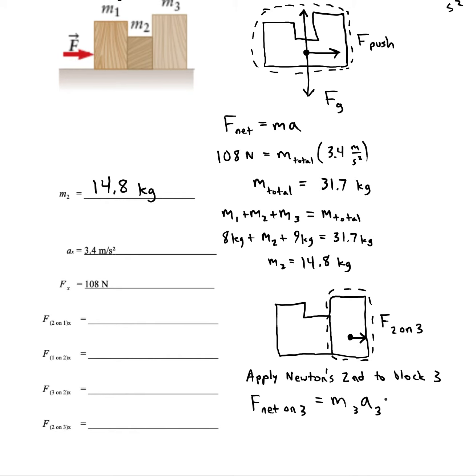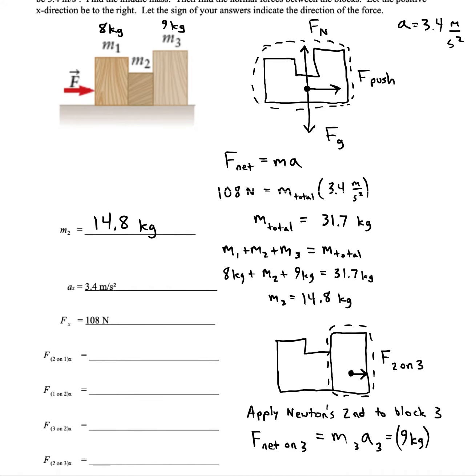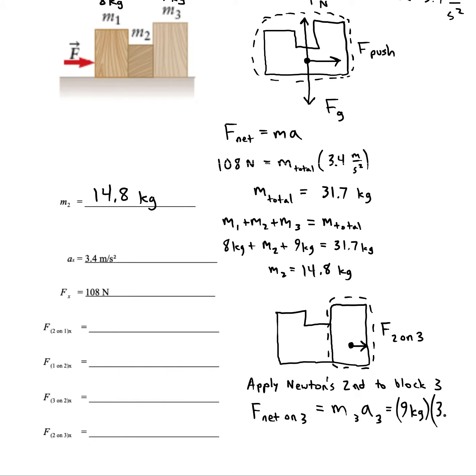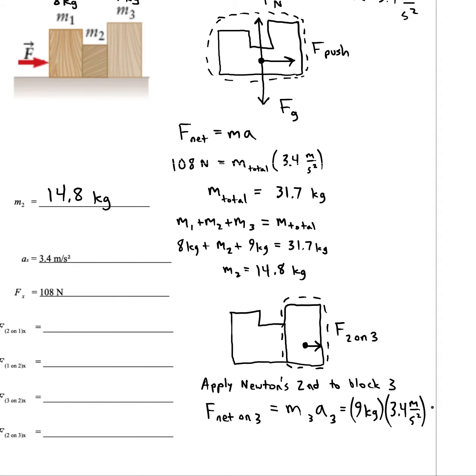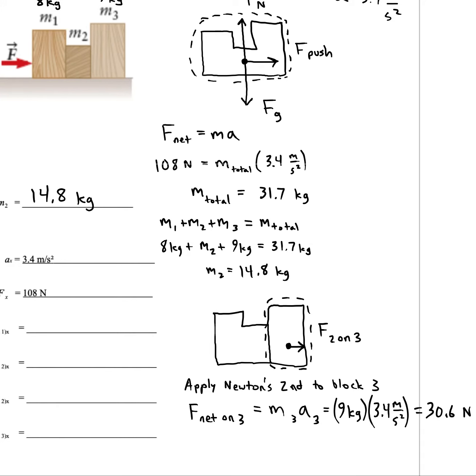Block 3 has a mass of 9 kilograms. And it's going to have the same acceleration that all the other blocks have, which is 3.4 meters per second squared. Alright, that comes out to 30.6 newtons.